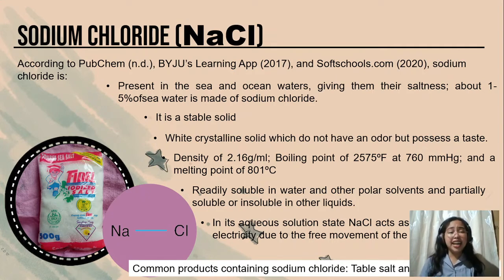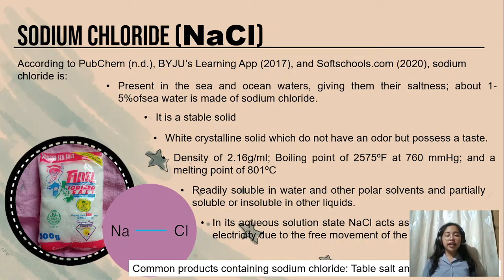Its density is 2.16 g/mL, its boiling point is 2575 degrees Fahrenheit at 760 mmHg, and its melting point is 801 degrees Celsius. It is readily soluble in water, so it easily dissolves in water and other polar solvents, and is partially soluble or insoluble in other liquids.